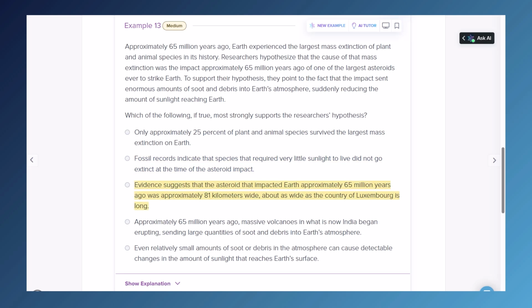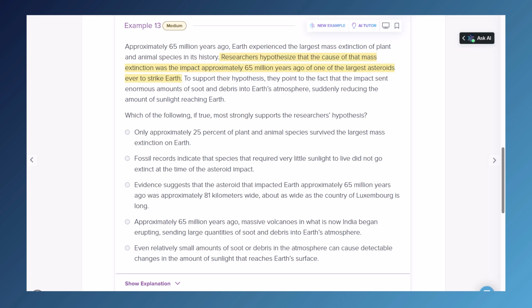C. Evidence suggests that the asteroid that impacted Earth approximately 65 million years ago was approximately 81 kilometers wide, about as wide as the country of Luxembourg is long. This also confirms a premise, the one about how the asteroid was large. So we already know that.